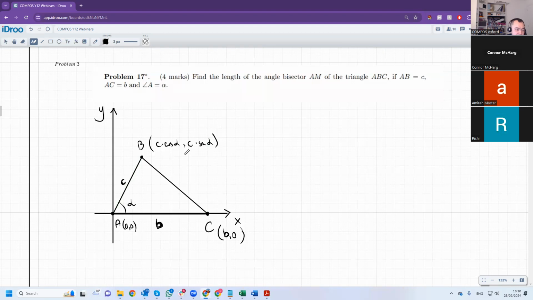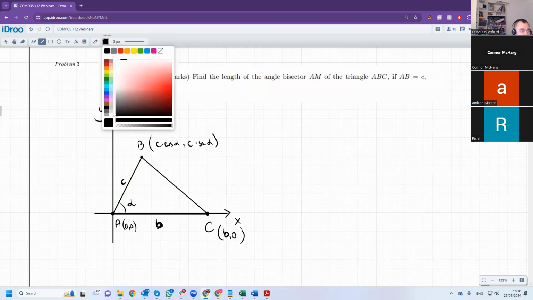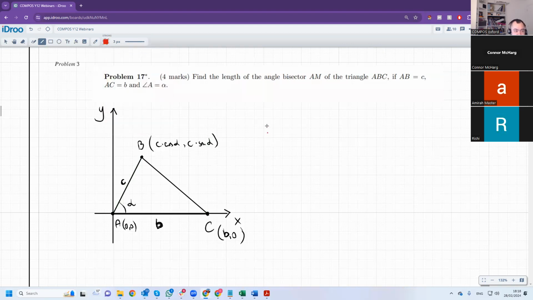So this is the coordinate of point B. Then what we need is the angle bisector of angle A. So AM is a bisector. So we need to find point M.